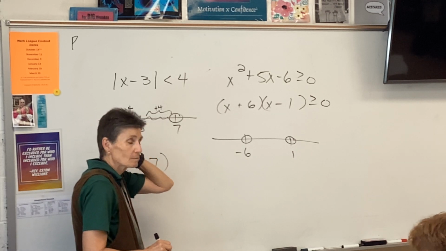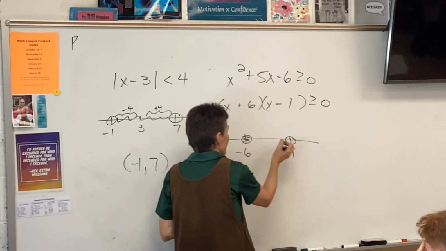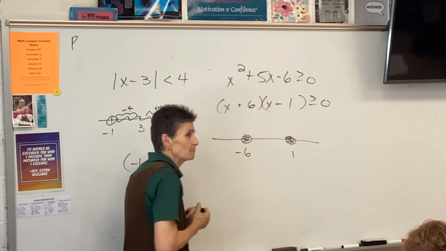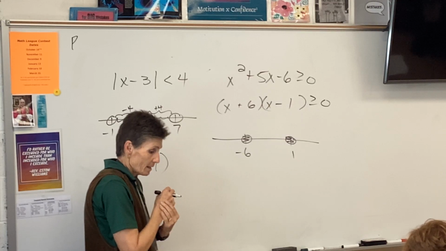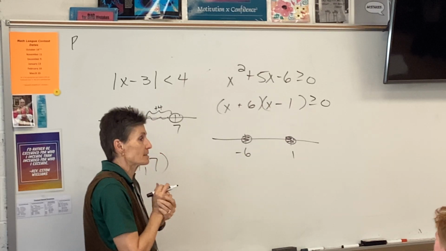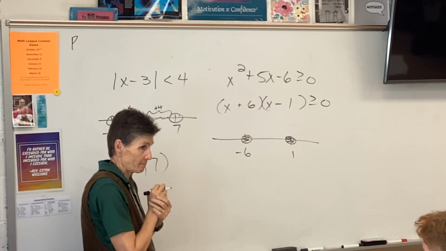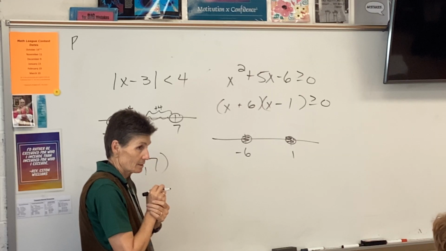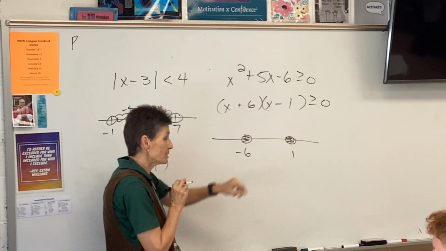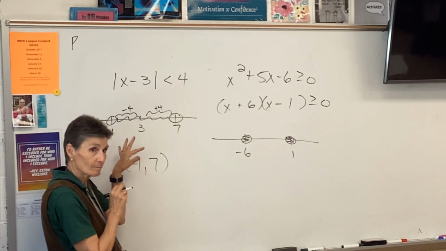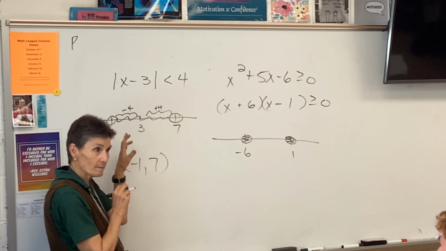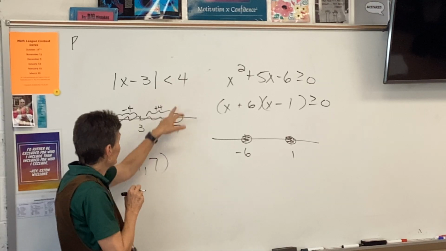Those dots would actually be filled in this time. I need to shade somewhere on that number line. Now there's two dots, just like I had over here. This one was a less than.